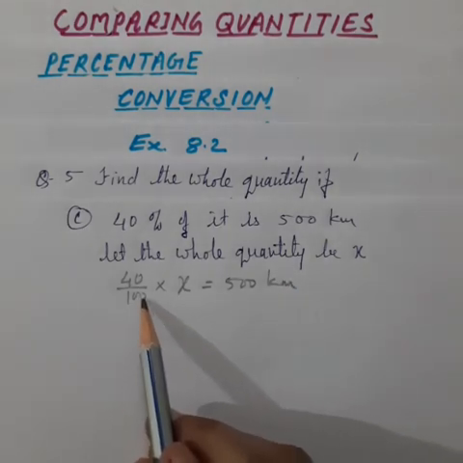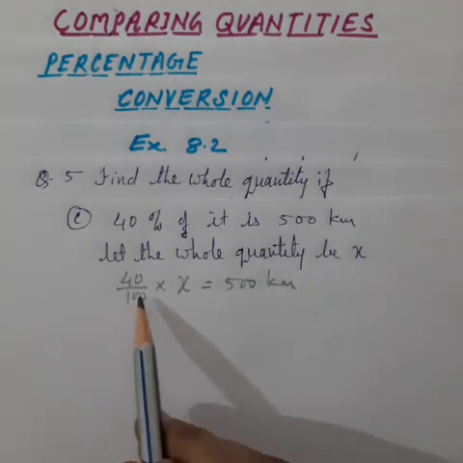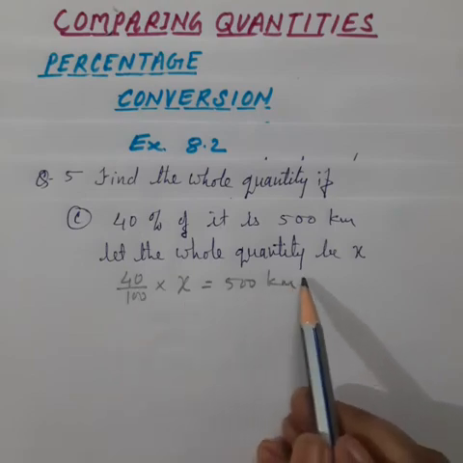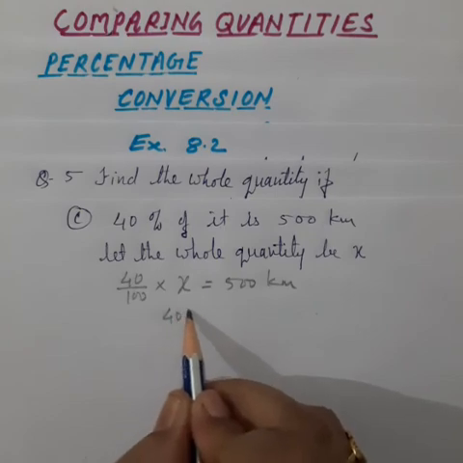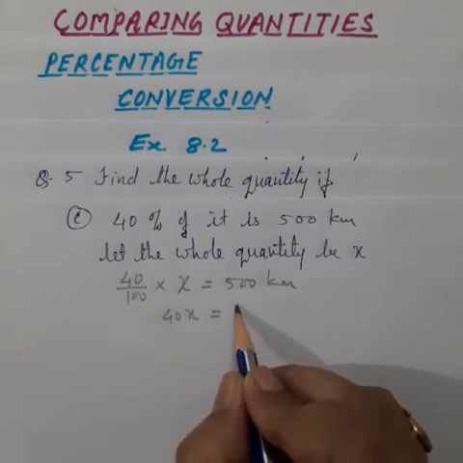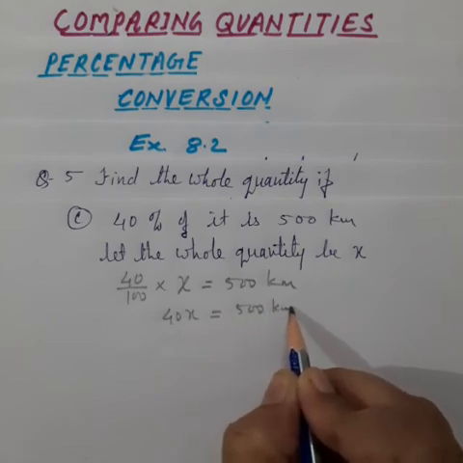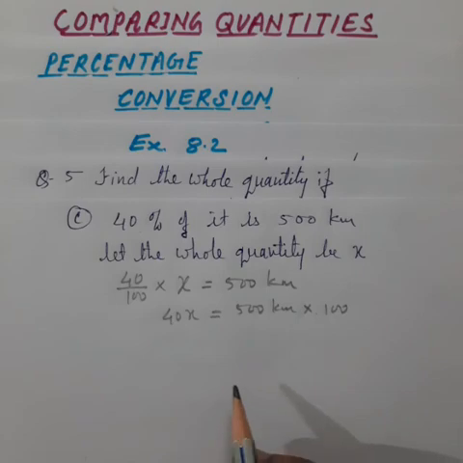Now we have to solve this equation. First remove this 100 from the denominator. Change its side. It is in denominator here in division. It will go in the numerator in multiplication. So 40x is left on left hand side equal to 500 kilometer into this 100 in the numerator on right hand side.